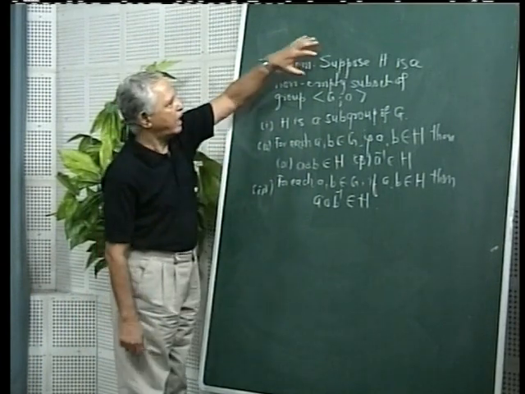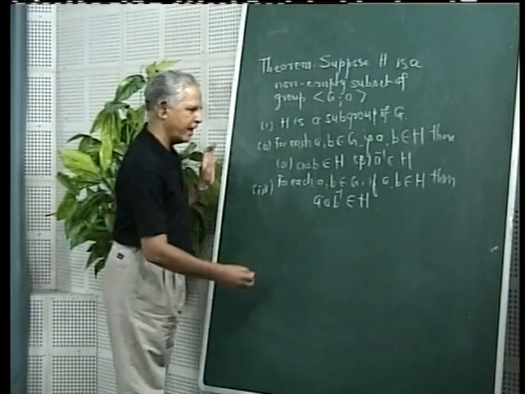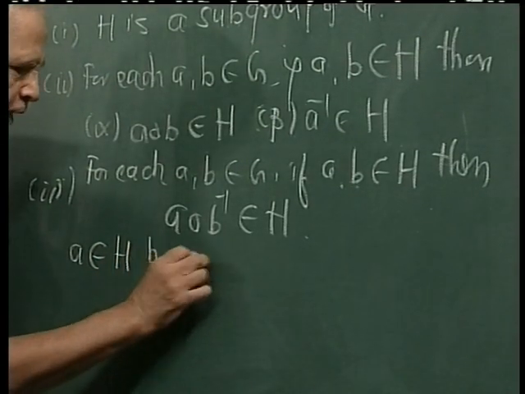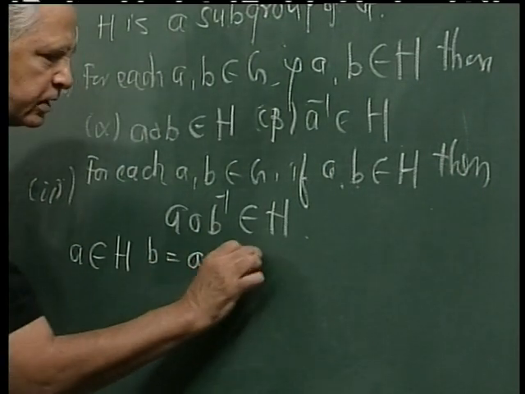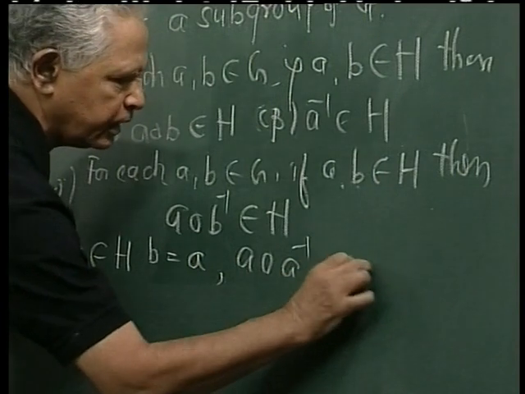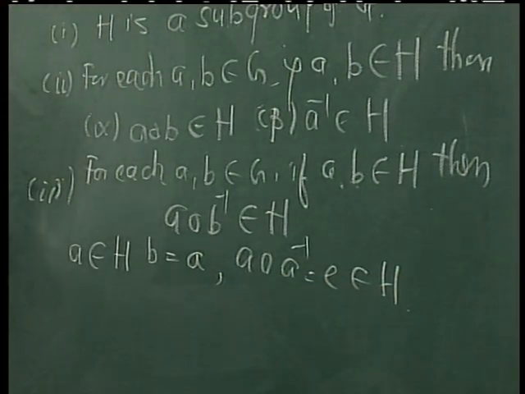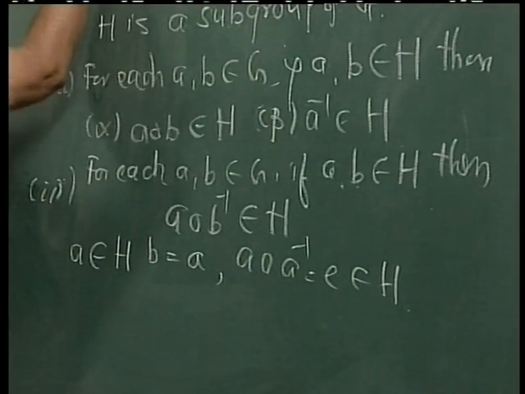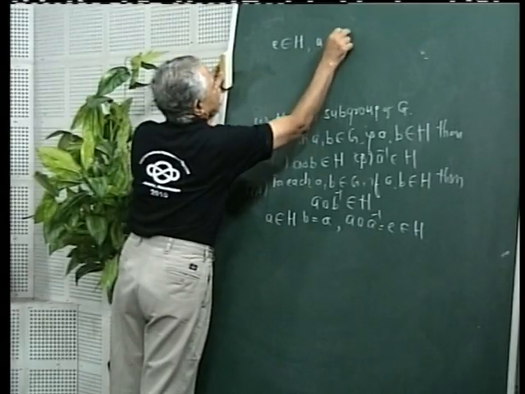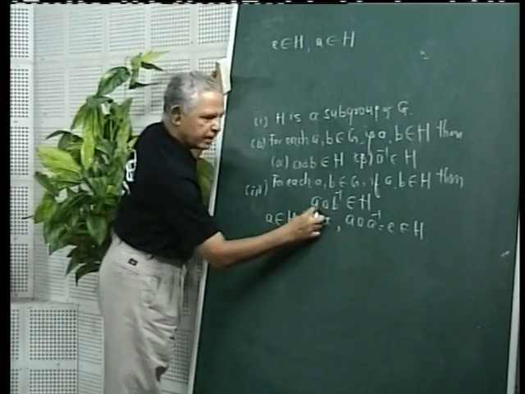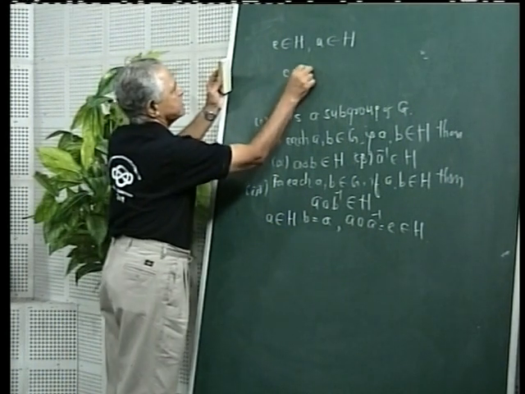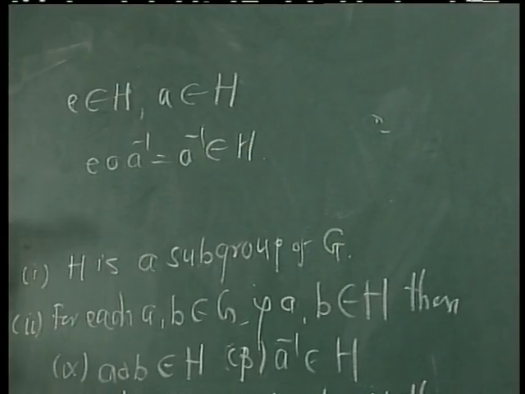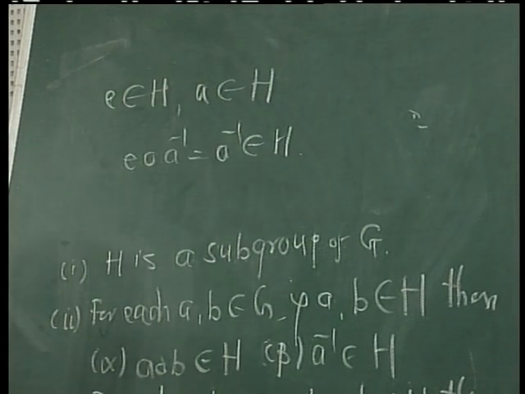Now, our set is non-empty, and so there exists at least one element A belonging to H. So taking B equal to A, what we get here is A star A inverse equal to E belongs to H. Now E belongs to H and A also belongs to H, and using again this condition, what we get is E star A inverse is equal to A inverse also belongs to H. That means the inverse of every element is also an element of H.